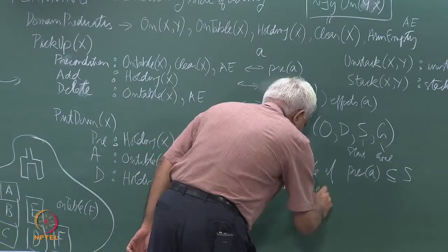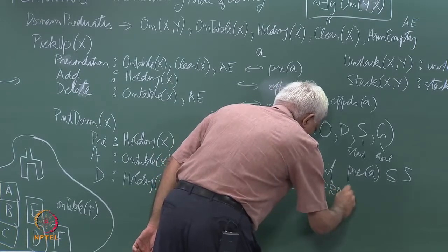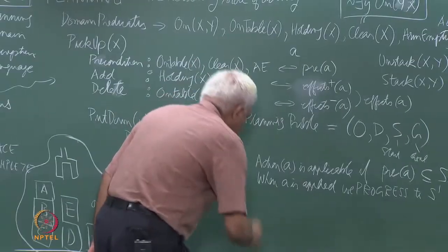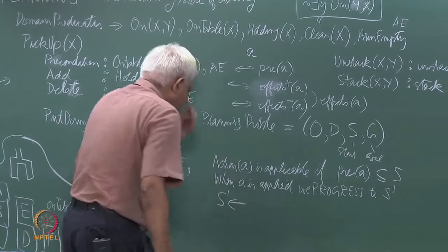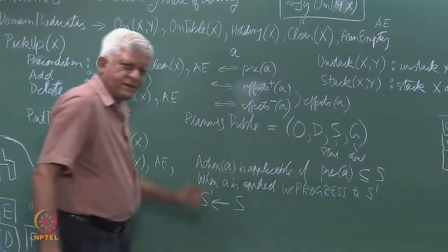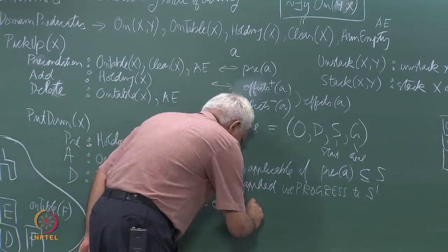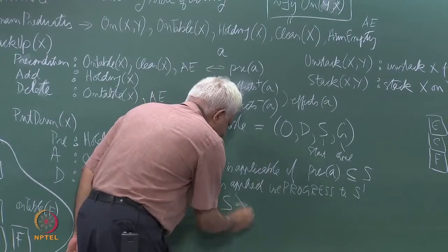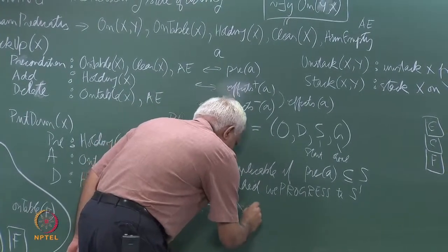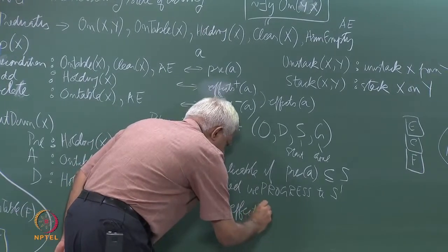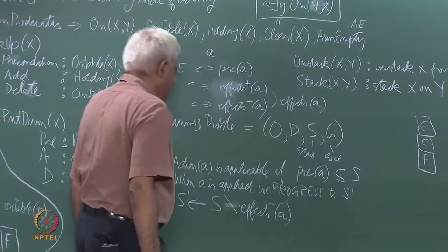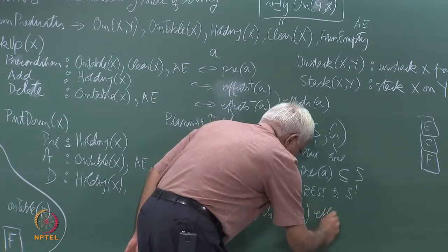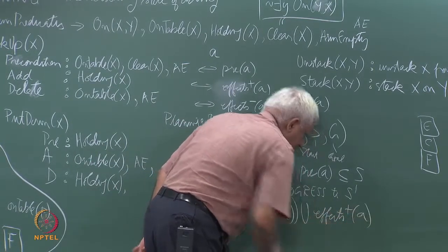So, we progress to a new state S prime, where S prime is given by the state that we are in, minus the effects minus of A, union the effects plus of A. I will use this as a minus sign, or I can use the standard minus sign, whatever.